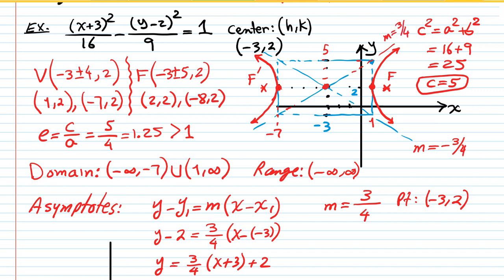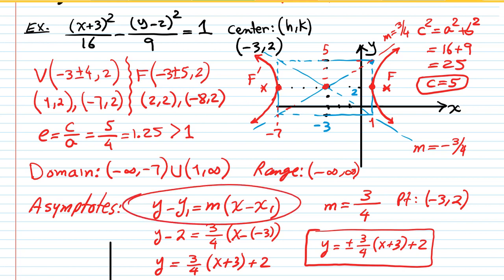We can actually put both lines together, plus or minus 3/4 x plus 3 plus 2. And that'll pick up both of them, because we're using the same point. The only thing that's changing is the slope, and we accounted for that in our formula here. When you do this process for the line with negative slope, that's not going to change. The only change will be in the slope from positive to negative.